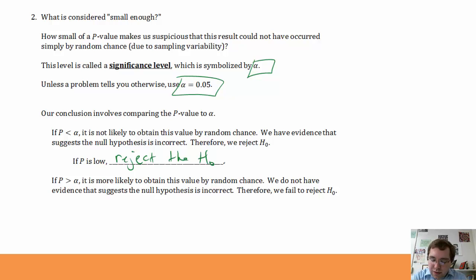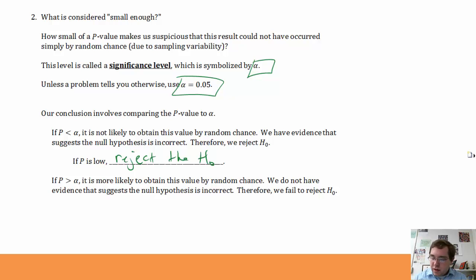If p is low, reject H naught. Reject the H naught. That's a good way to remember it. If p is greater than alpha, it is more likely to obtain this value by random chance, the value we got from our sample. We do not have evidence that suggests the null hypothesis is incorrect. Therefore, we fail to reject H naught. So if p is less than alpha, reject H naught. If p is greater than alpha, fail to reject H naught.